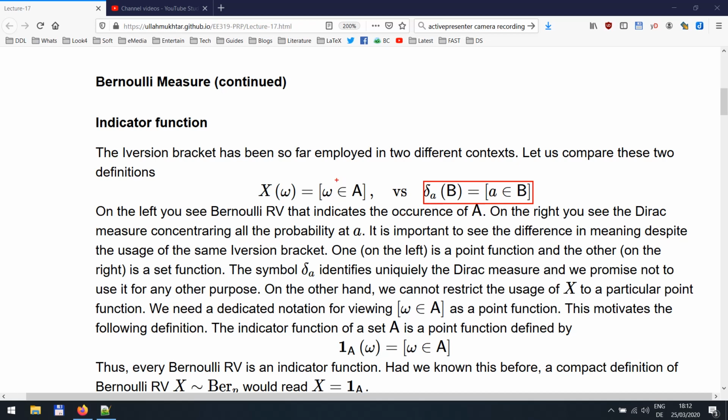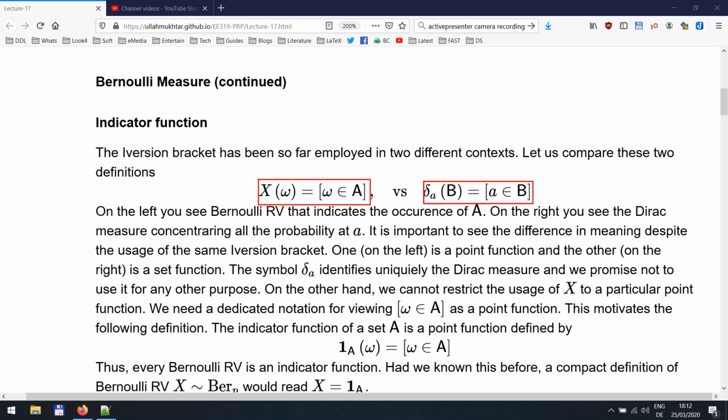But the same Iverson bracket was also used when we tried to define the Bernoulli random variable. So the Bernoulli random variable X will assign 1 if that condition is true, otherwise it will assign 0. So now you see two Iverson brackets but entirely different meaning.